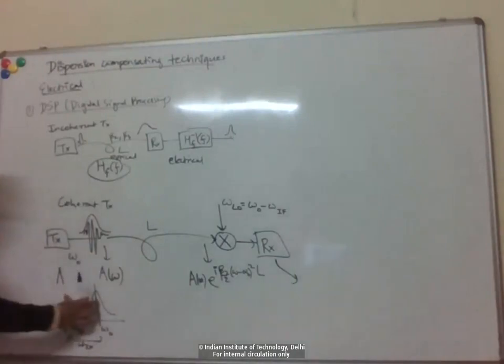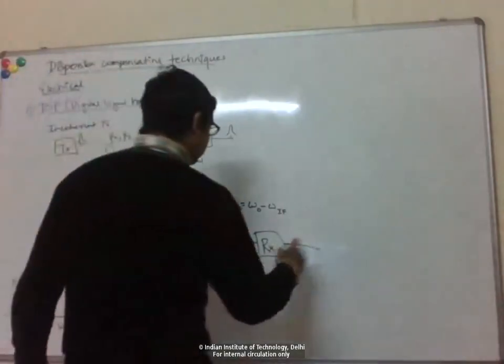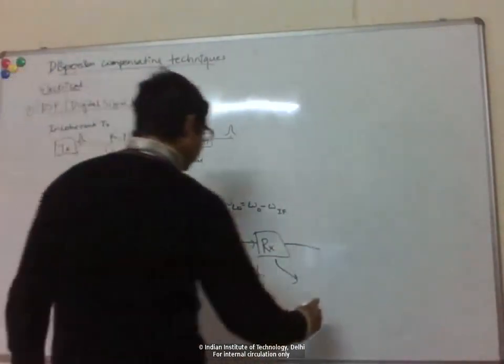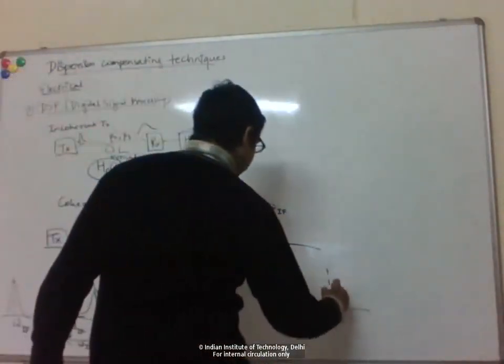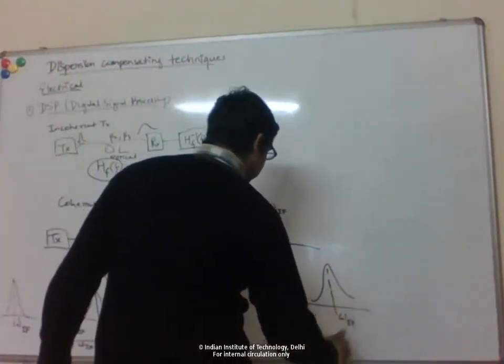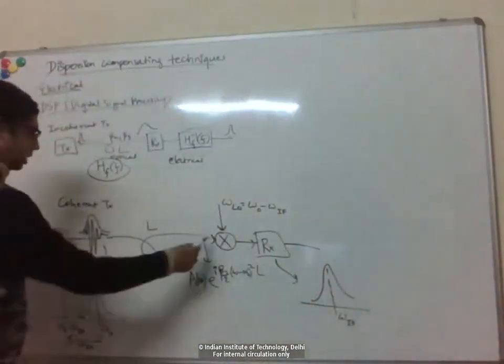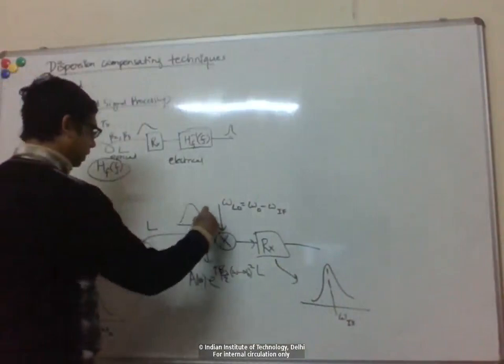So the beat between these two will give me this spectrum translated with center frequency omega IF. So the electronic signal coming from my photo detector will have a center frequency omega IF, and the spectrum will be what the spectrum was here.